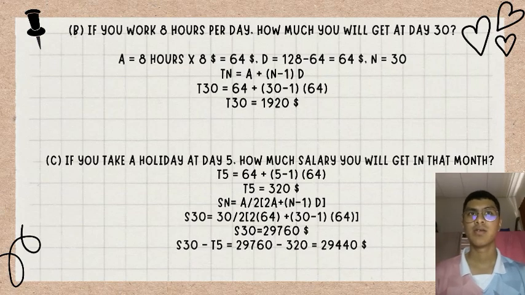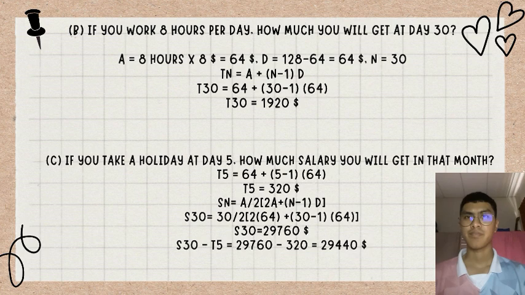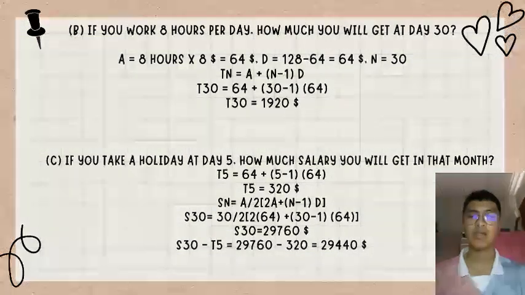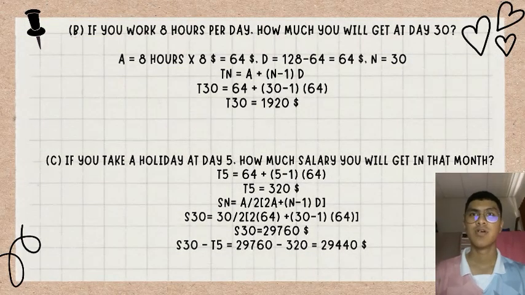And then we will get S30 equals to 30 over 2 times 2 times 64 plus 30 minus 1 times 64, and we will get S30 equals to $29,760.